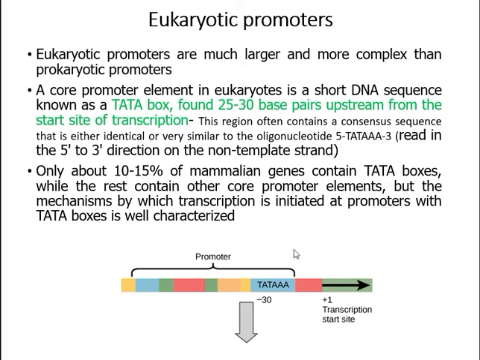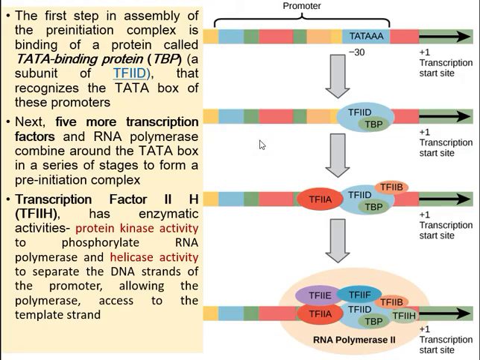So this is regarding the eukaryotic promoter. The eukaryotic promoters are characterized by the presence of a TATA box which is 25 to 30 base pairs upstream from the start site of transcription. Here again you can see the promoter with the TATA box. This is the transcription start site.